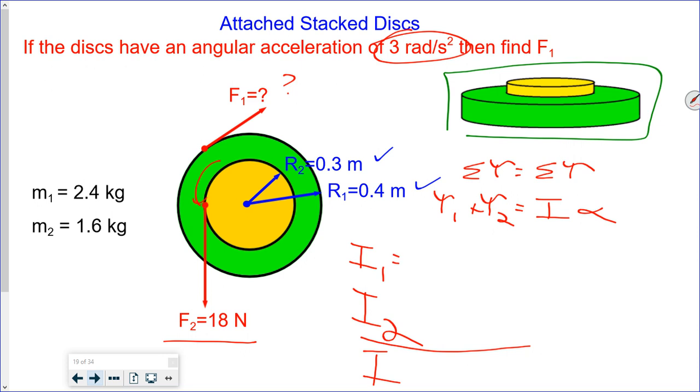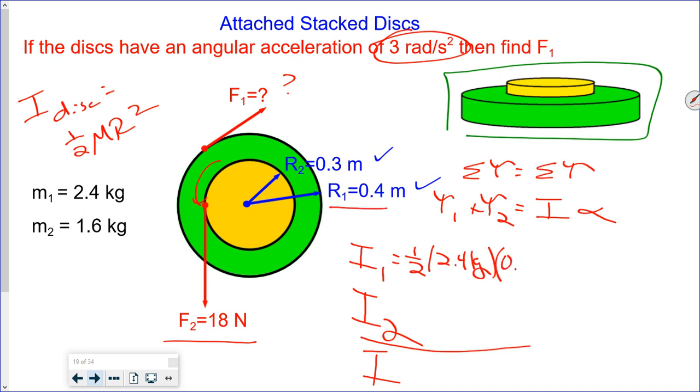So remember, I for a disk is 1/3 mr squared. No, it isn't. It's 1/2 mr squared. Sorry. So I1 is 1/2 times the mass times the radius squared, and it gives you 0.192 kilogram meters squared.